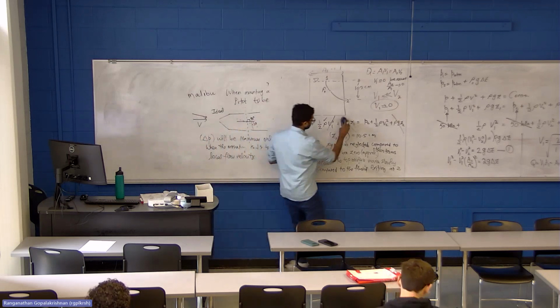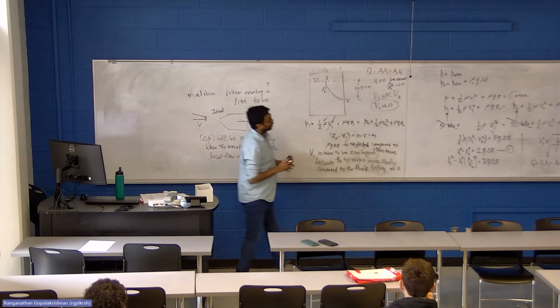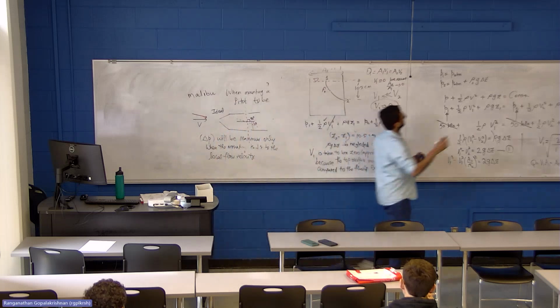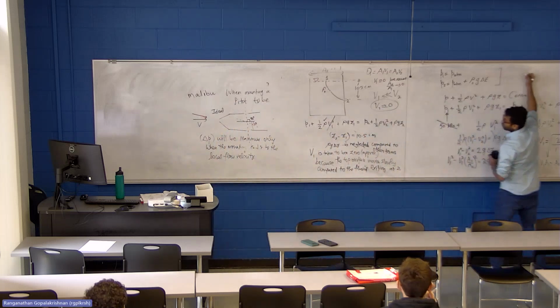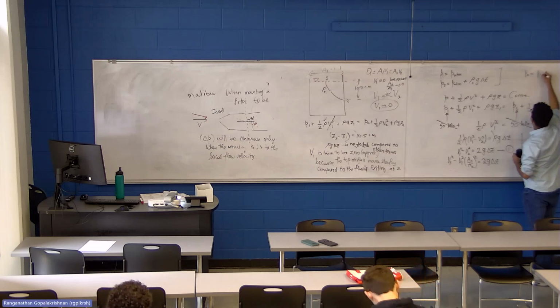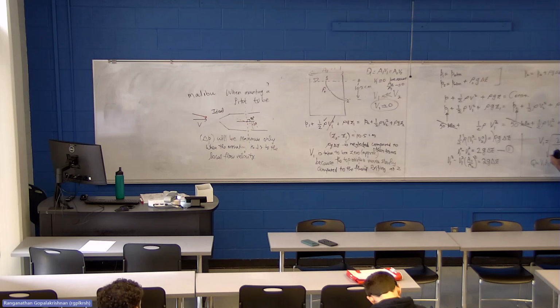Sorry, I should not have done this. We still have a role for delta Z. Okay, in the interest of time, I'm going to write P atmosphere equals P atmosphere plus rho G delta Z plus half rho V2 squared.